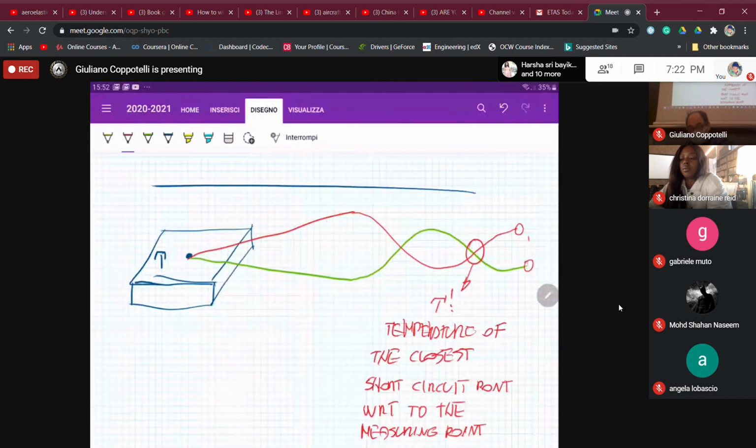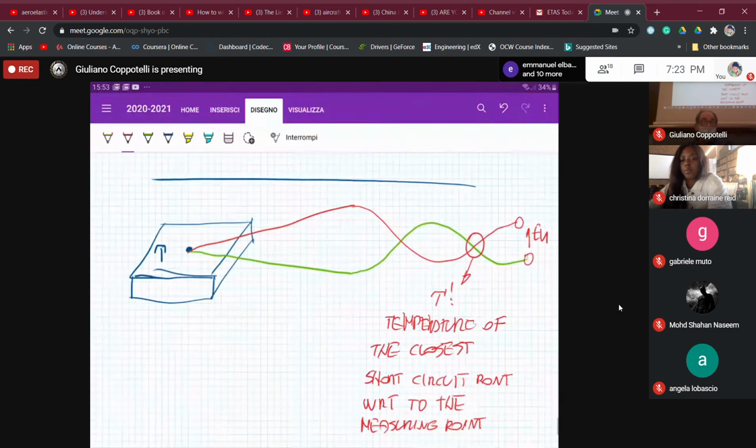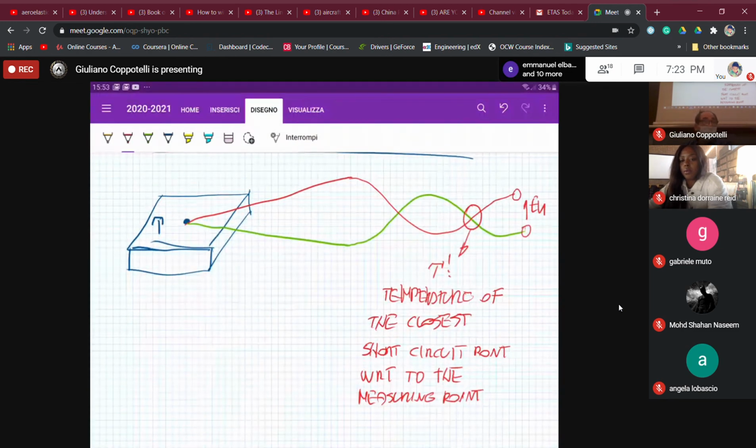So your EU now is the output tension of T prime instead of the unknown T. So you have to be very, very careful in isolating all the cables, because if there is an accidental contact, then your measurement will be completely wrong.